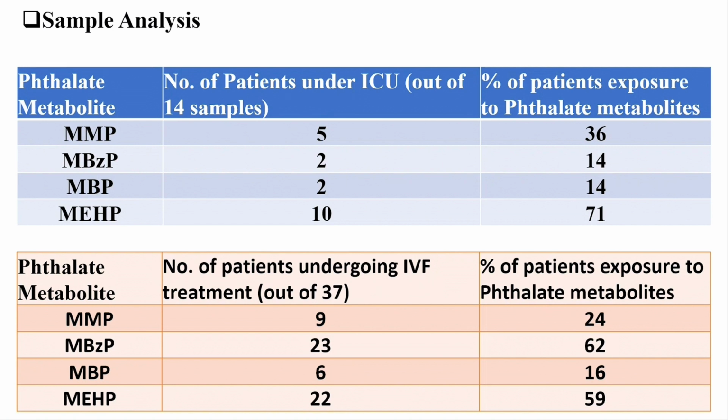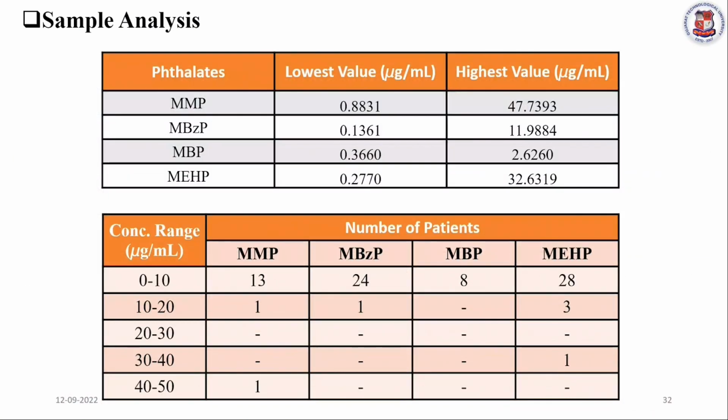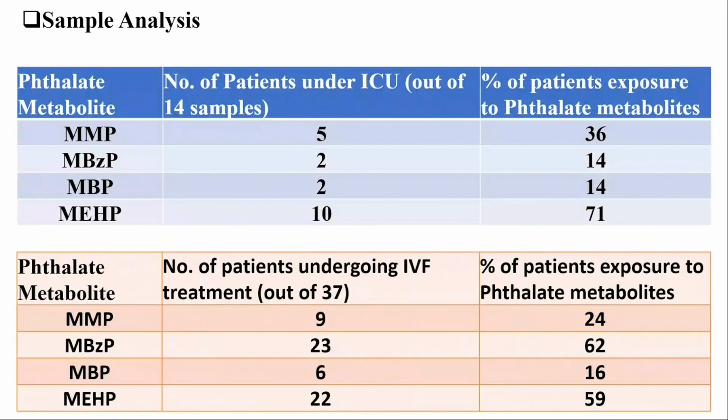So it is also found in a large number of patients, like 10. Okay, and the percentage of patients exposed to the phthalate content means almost 71% of patients are detected with the phthalate metabolite MEHP in ICU.